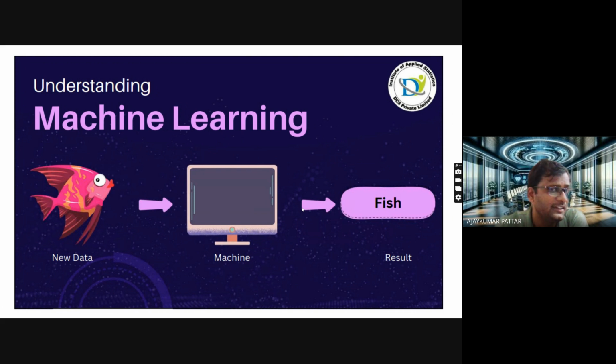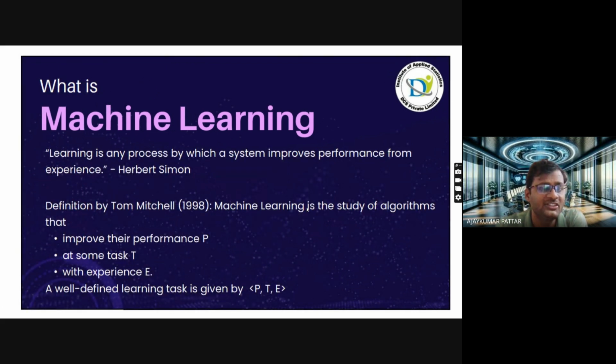So this is one of the bases for artificial intelligence. Machine learning is a part of artificial intelligence. So what is machine learning? Learning is any process by which a system improves performance by experience.